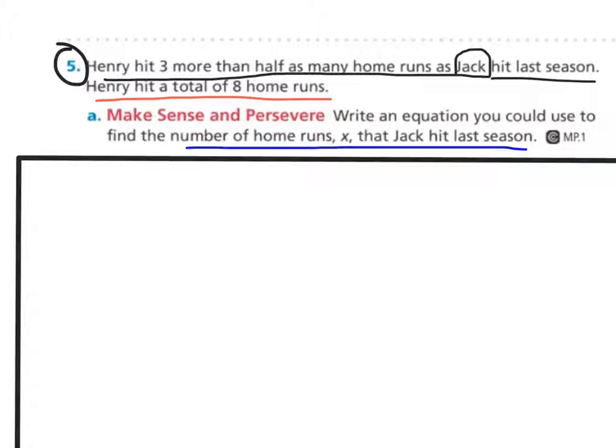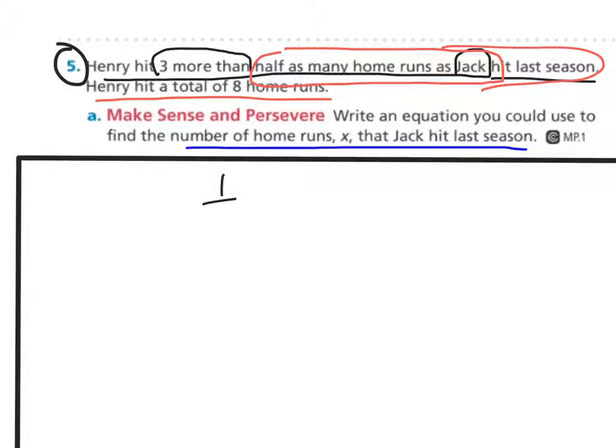So if we break this up into pieces, we've got 3 more than half as many home runs as Jack hit last season. Jack hit X last season, so that'd be half X. We want 3 more than that, so plus 3.